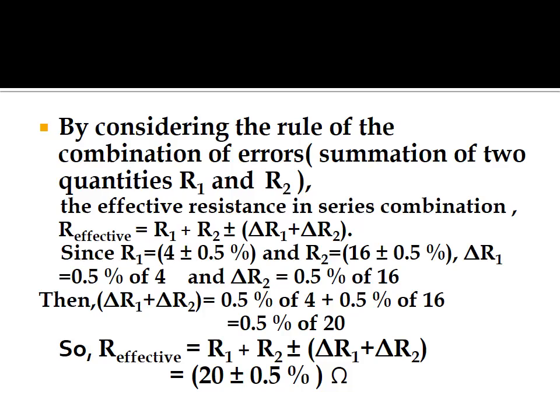So, R effective is equal to R1 plus R2 plus or minus delta R1 plus delta R2, which is equal to 20 plus or minus 0.5% ohm. Here we got the effective resistance is equal to 20 plus or minus 0.5% ohm.